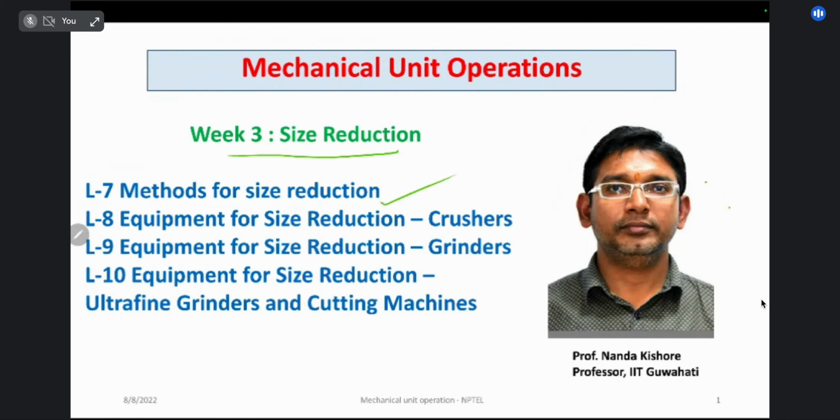Then the professor also explained different crusher and grinder equipment for crushing, grinding, ultrafine grinding and cutting purposes. I will not cover these 3 sessions in this lecture, but all the methods will be covered, and based on the methods, we will solve different equipment-based examples.